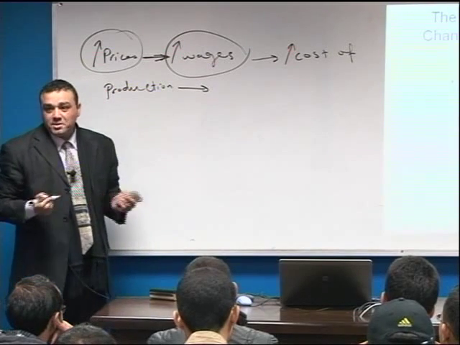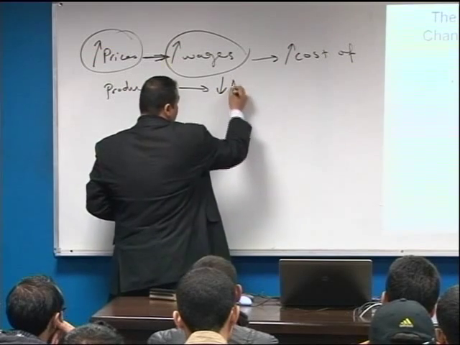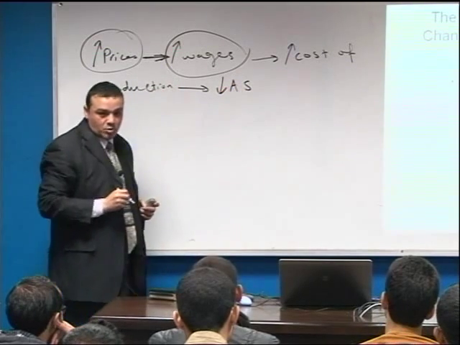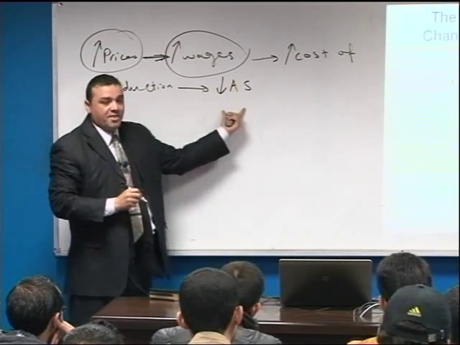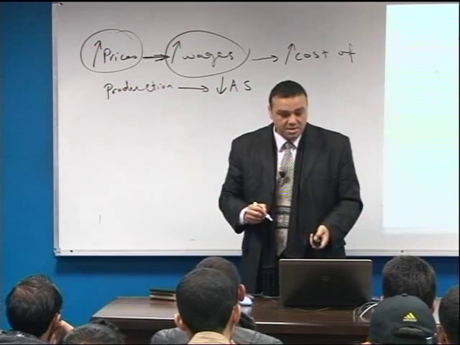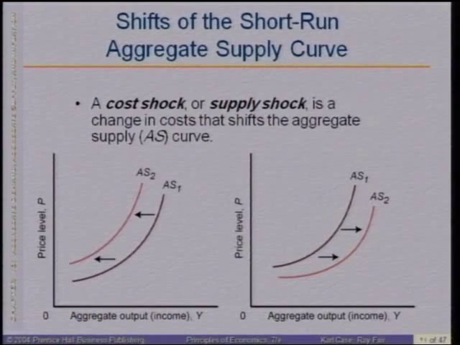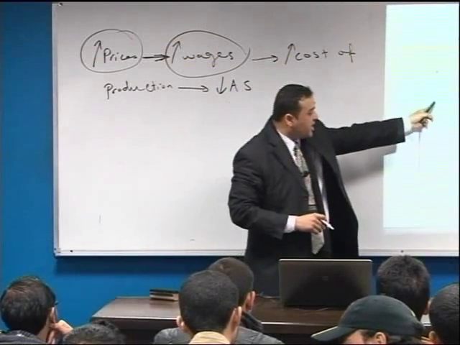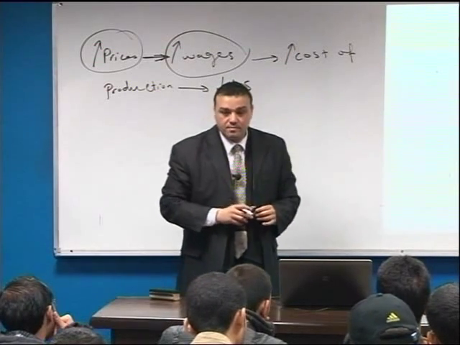Decrease the aggregate expenditure. Sorry, the aggregate supply. مظبوط؟ لأنه the cost of production increases, so the aggregate supply would decline. Yes, the determinants of supply. So let's see the cost shock or supply shock. هذا اللي هو a change in the cost that changes the aggregate supply curve.